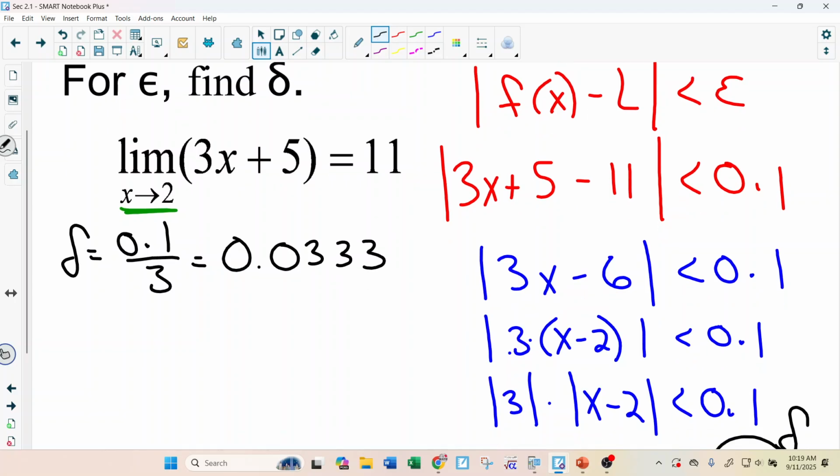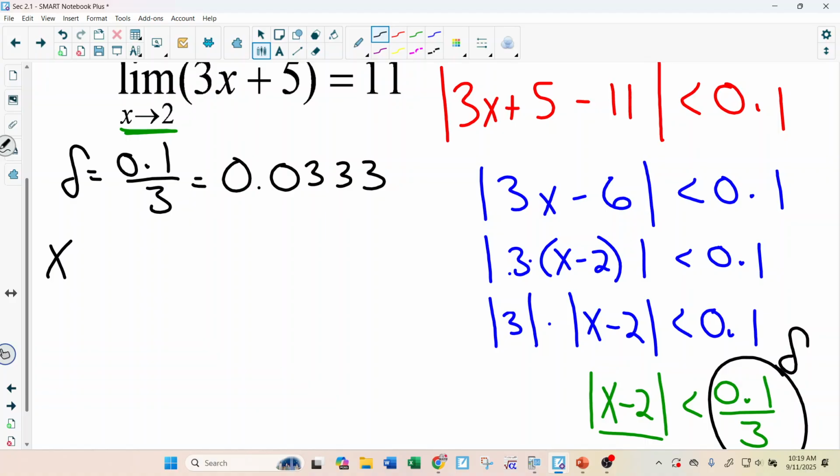So let's consider, I'm going to write it this way. Here is 2, and I want all the numbers that are this close. I didn't give you a lot of space there, but all the numbers that are this close.